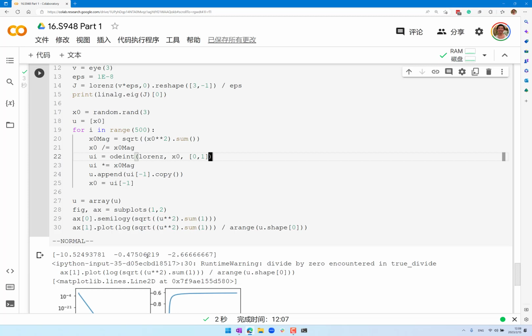Right after the iteration of u. Okay, so let me fix this. Let me fix this by doing the following.